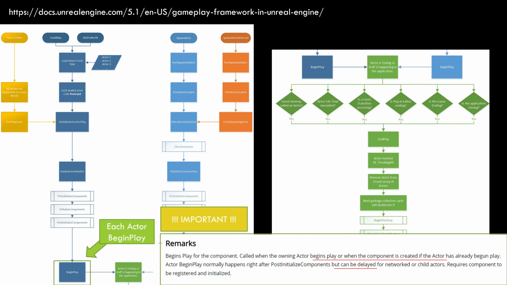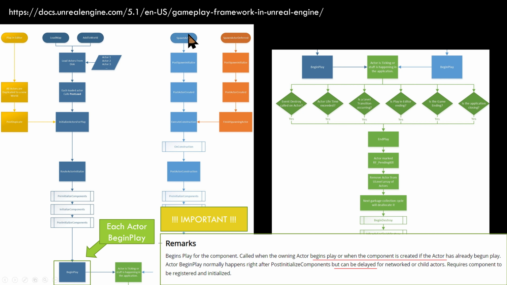Then in the begin play, maybe you use a spawn actor piece of code to say, okay, when this house comes into the level, I want you to spawn a light. Probably also a bad example, but you want to spawn something from your code inside the begin play of the house actor.